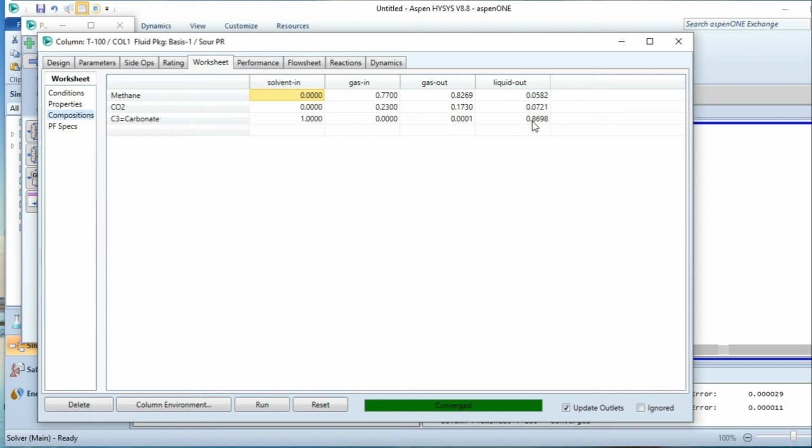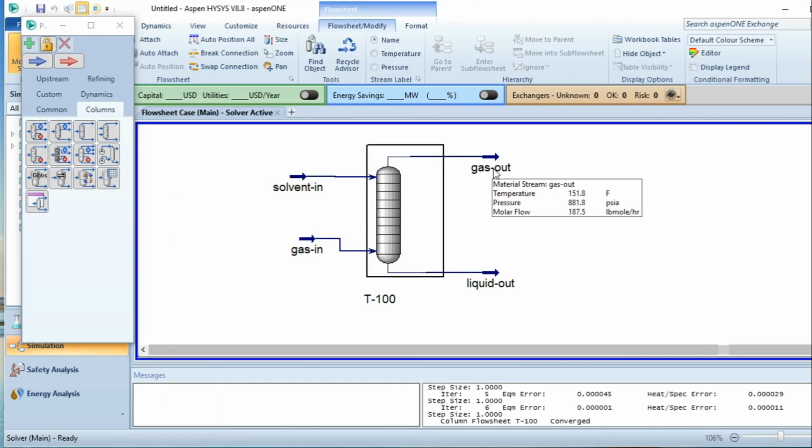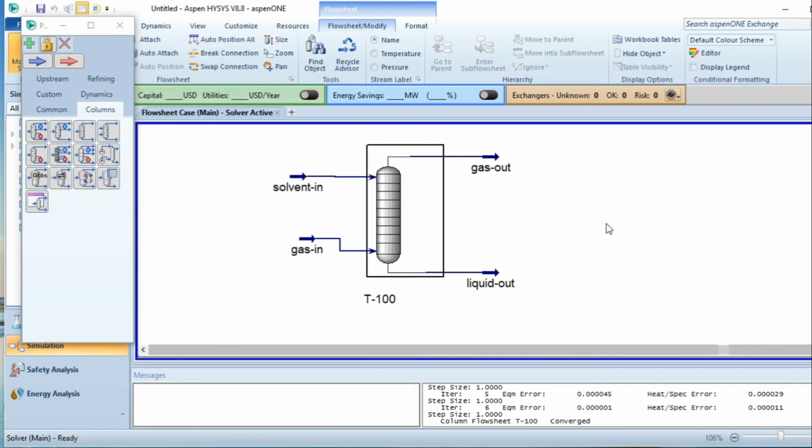So here in the liquid I have 86.98%, followed by carbon dioxide, then the least is methane. So this is how to determine the composition of the outlet streams, as long as the parameters given satisfy the equation of state.